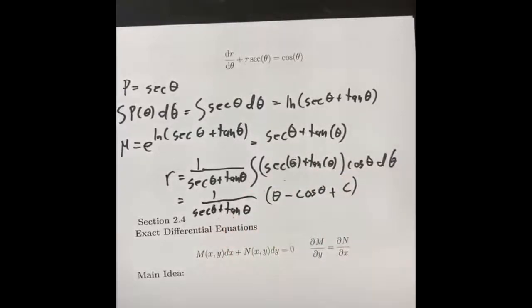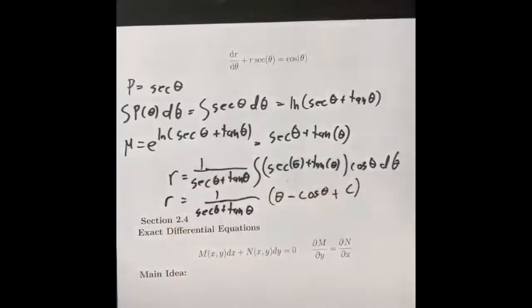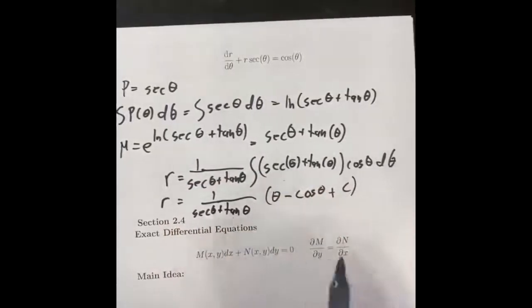That would be our full solution for r: 1 over the integrating factor times this antiderivative. Maybe you could do some more simplifying using some trig rules. I'm not sure, but I think this is plenty good for what we're doing here.